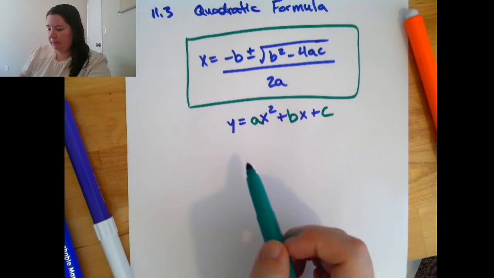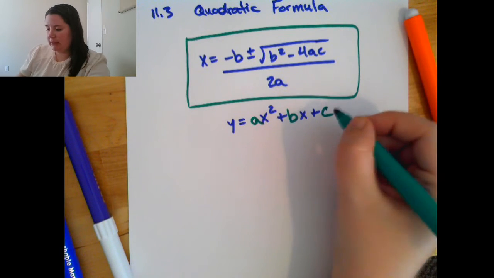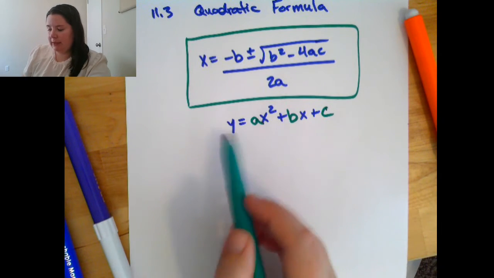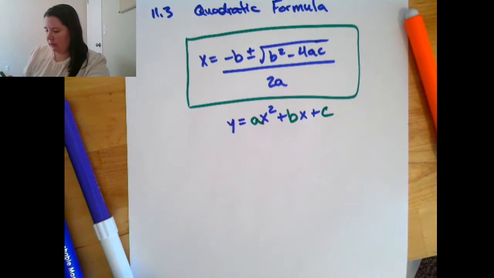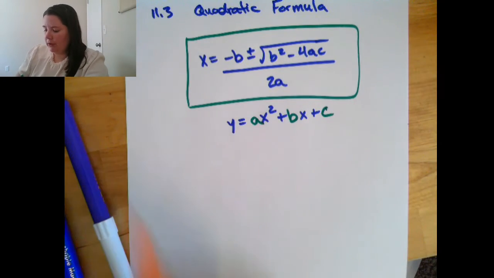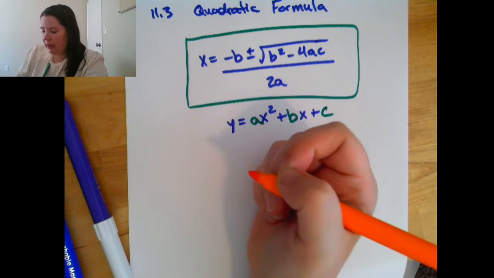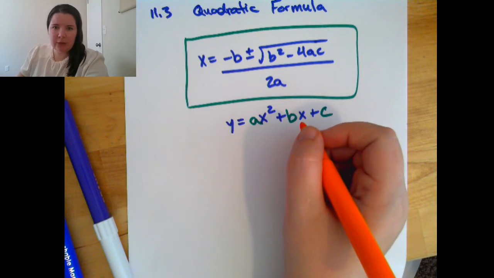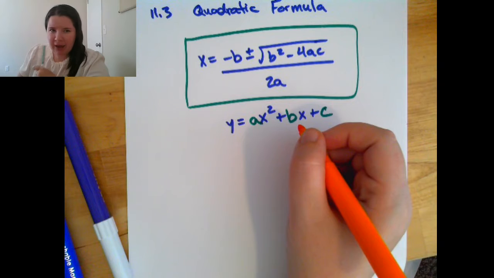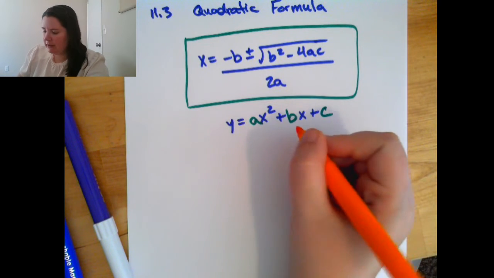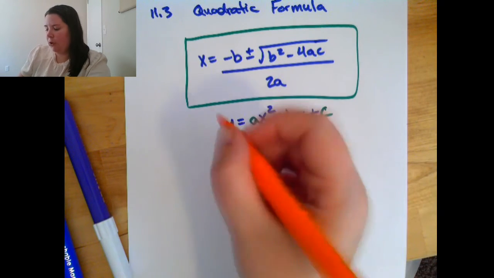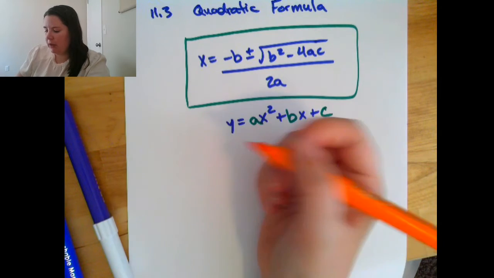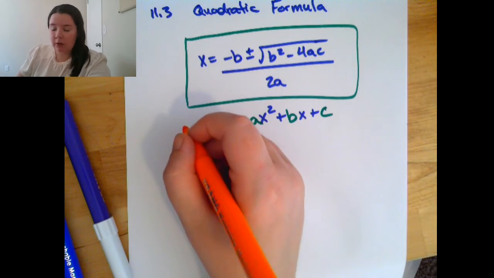Your problem does need to be in this standard form. So just a reminder that if you're not given a problem in standard form but you want to use the quadratic equation, just math it out, make it look like this. By either multiplying or moving pieces around, you can use all the tricks you already know.